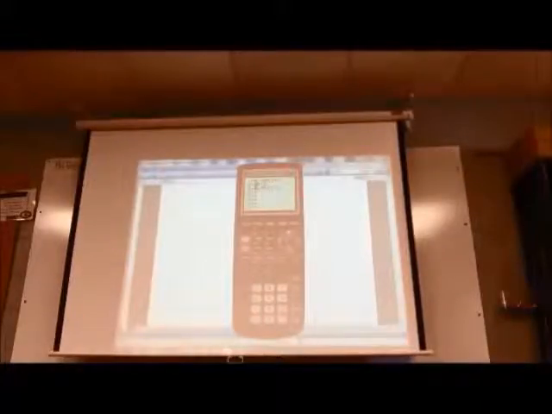So instead of just x cubed, we're going to put x cubed plus 4. And when you graph that, you'll get one that has been shifted up. And again, if you put your trace on, you can figure out which is which.